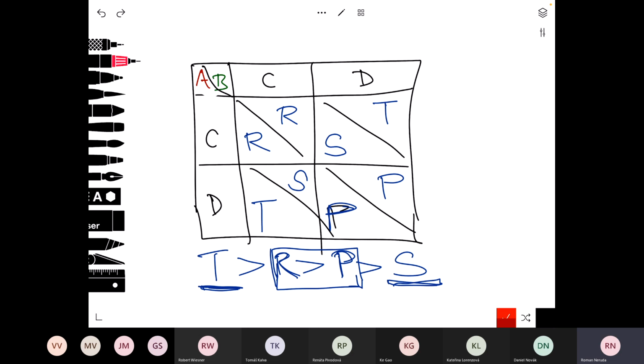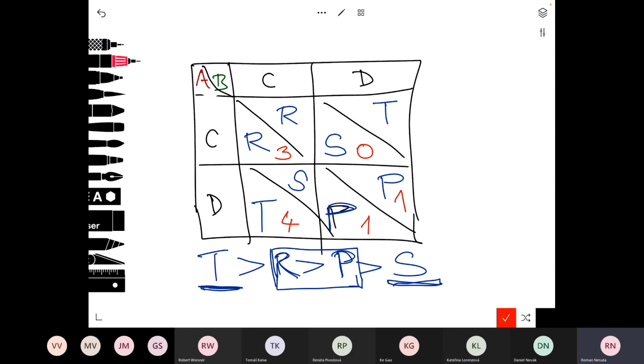Cooperation getting three, sucker's payoff zero, temptation for defection 4, and the punishment P is 1.